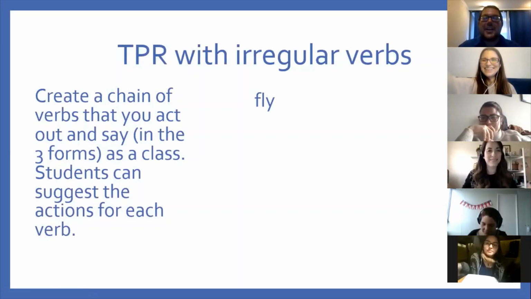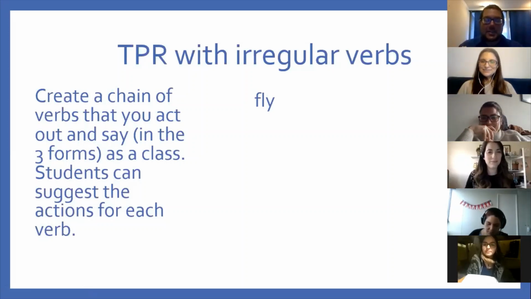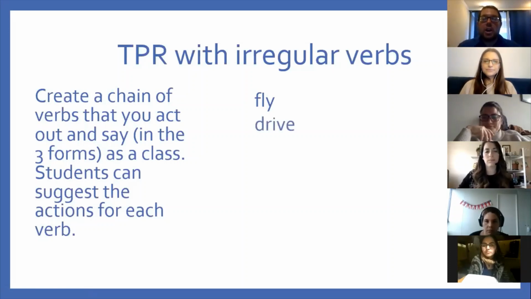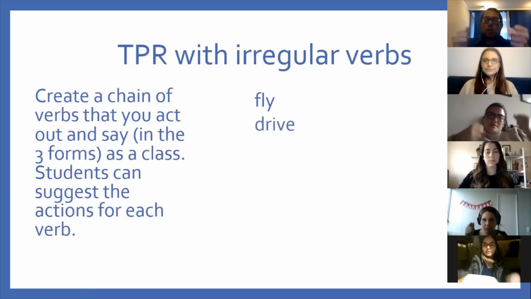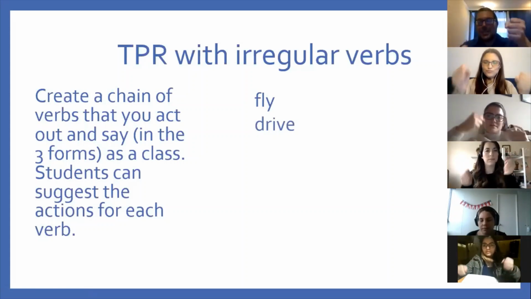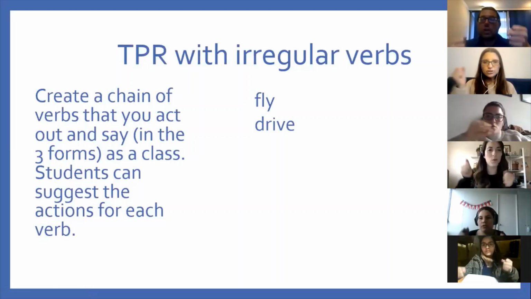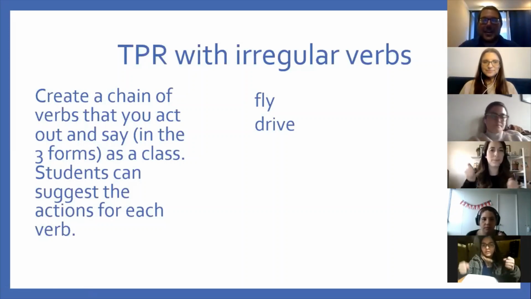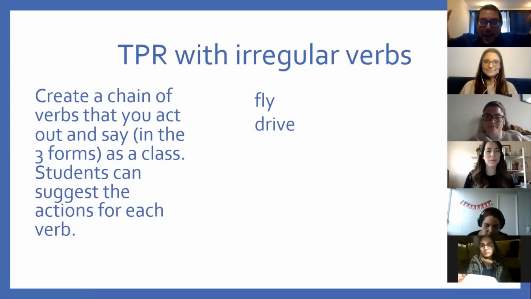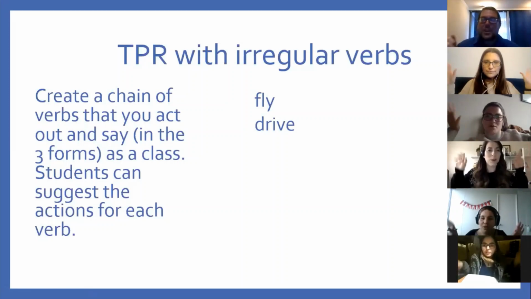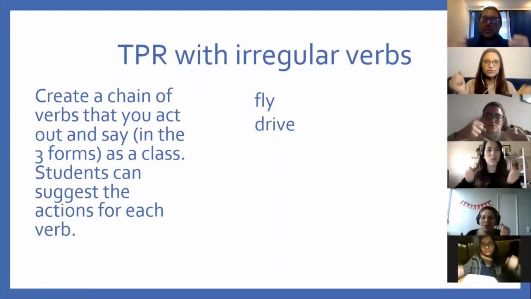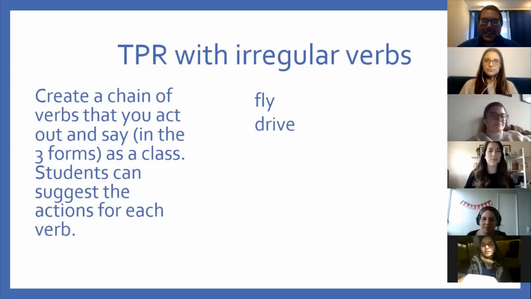All right, so now I have created the list for the purpose of this, but you could have students select the irregular verbs, right? So our next verb, drive, drove, driven. I know you have your microphones off, but say that with me. Drive, drove, driven, right? Okay, so from the beginning, fly, flew, flown, drive, drove, driven. Excellent.